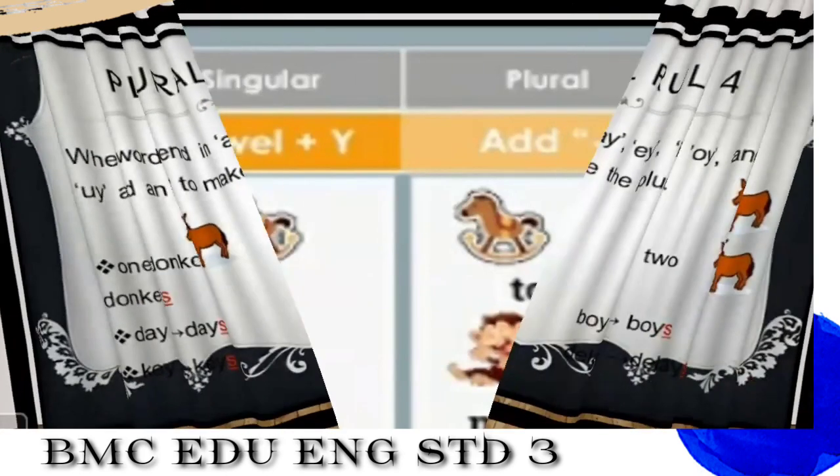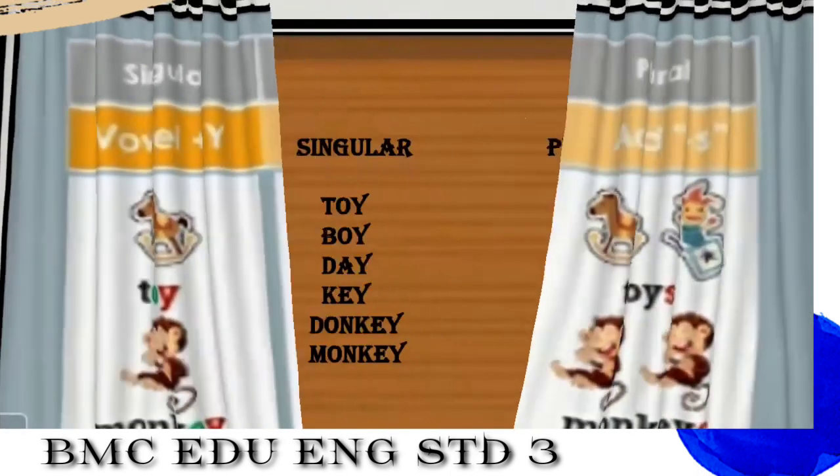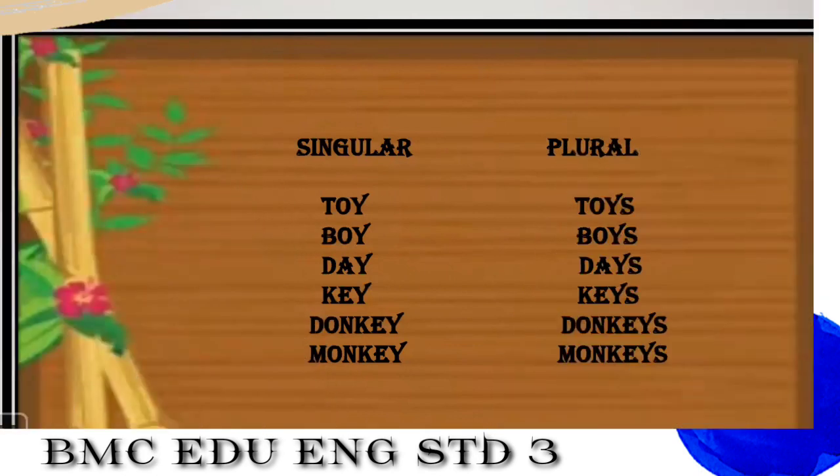See, in singular, what do you have to do? Vowel plus Y. If there is vowel plus Y in the singular, you have to add only S. Toy, toys. Monkey, monkeys. Boy, boys.